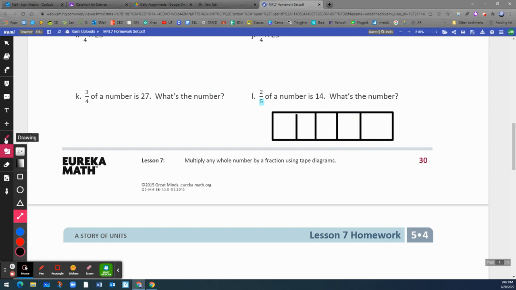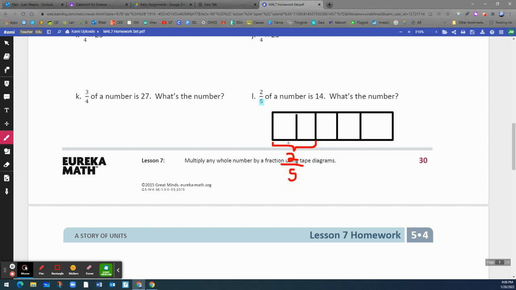So now we know that 2/5, because these are 5 parts, these two right here are 2/5. 2 out of 5 means 2 groups out of 5.